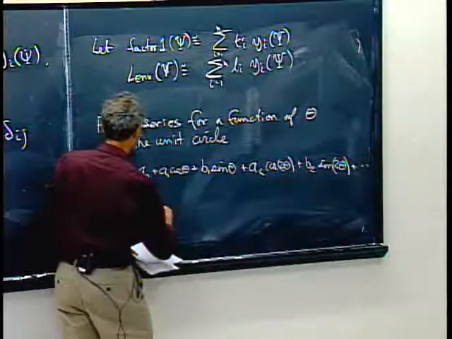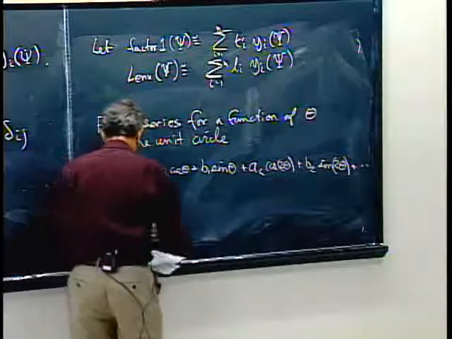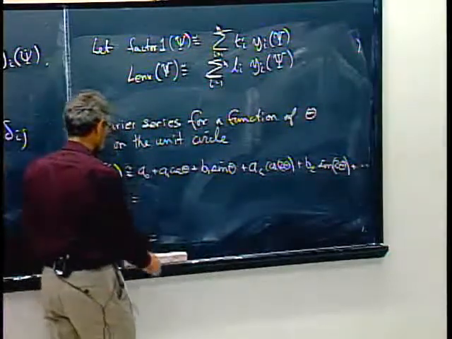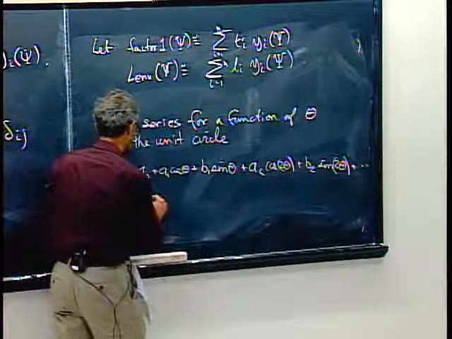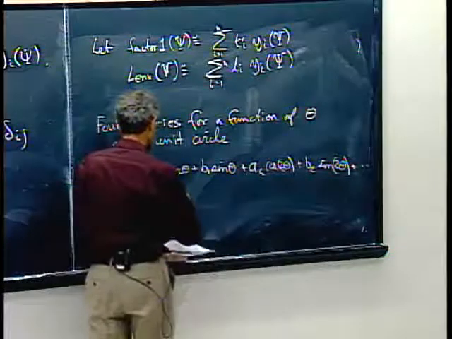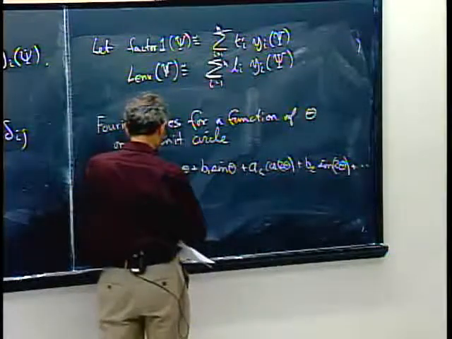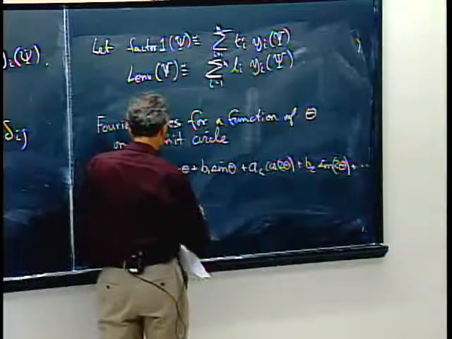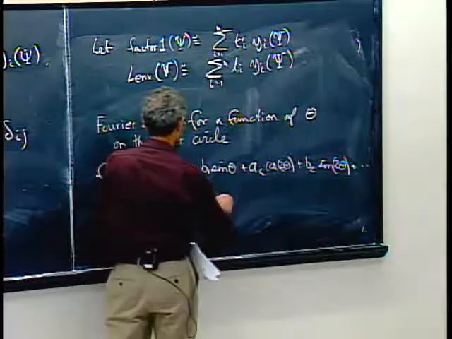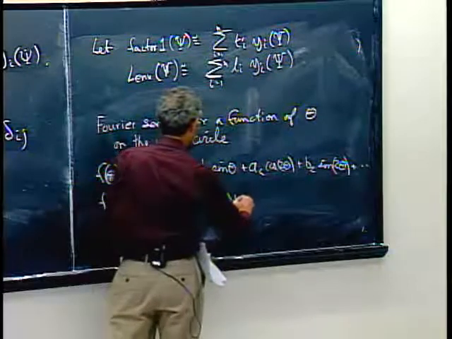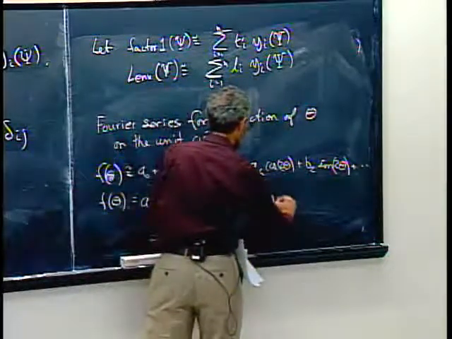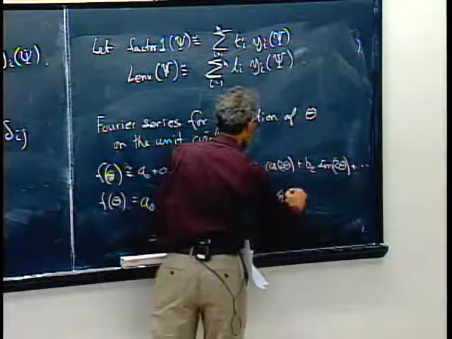Sum n equals, well, let's add A0 because that's n equals 0. That's the constant term. Sort of in terms of functions of time, that's sort of the DC part. Plus sum n equals 1 to infinity of a n cosine n theta plus b n sine n theta.